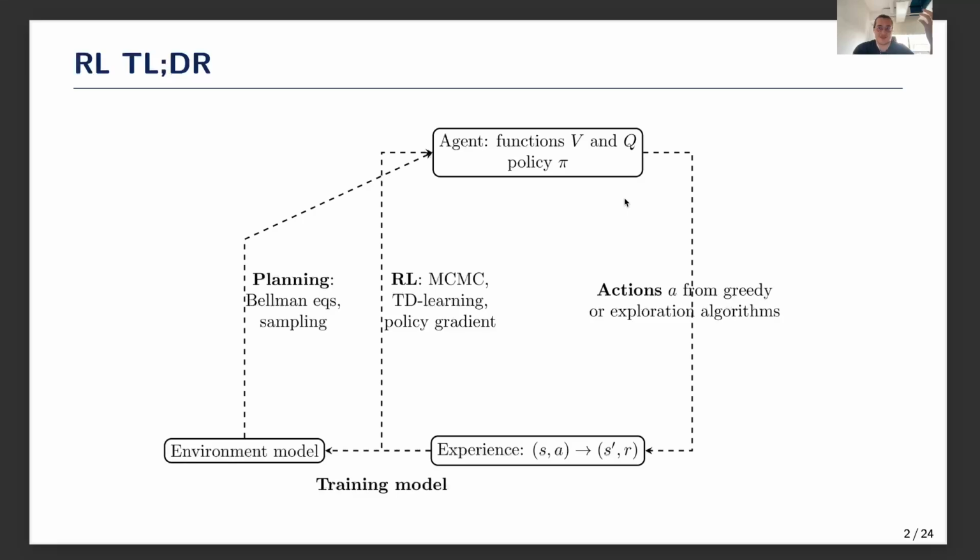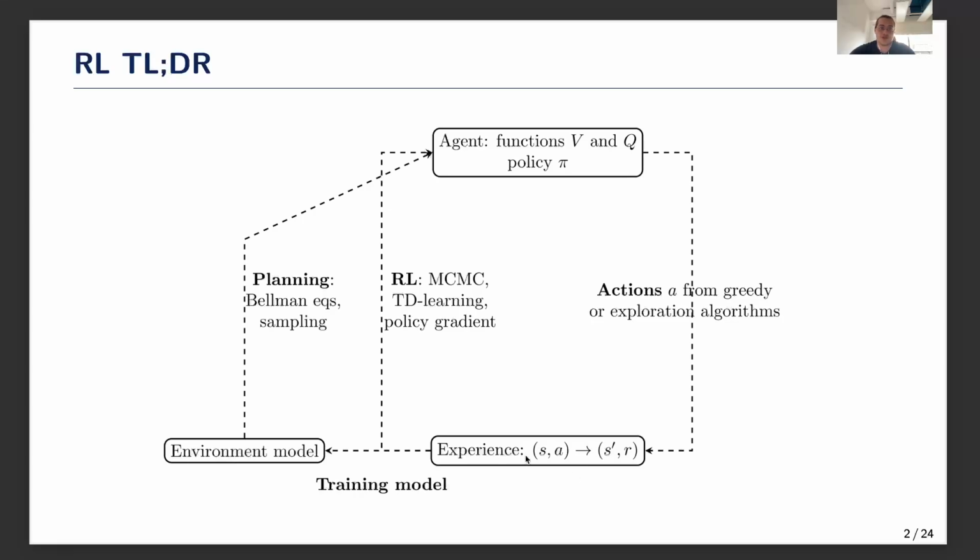So let's just throw out the model, and we get reinforcement learning. In contrast, model-free reinforcement learning means the agent learns directly from experience without relying on an environment model. So each interaction yields a transition of the experience.